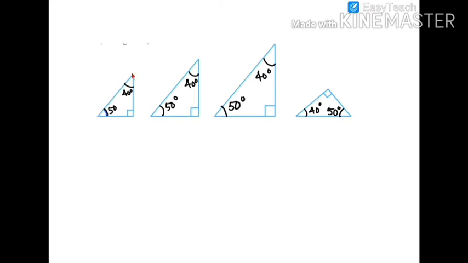So we can draw the same triangle having angle measure 90, 40 and 50 degrees with different sizes. So this means that they are not congruent. So having all corresponding angles equal in two triangles does not mean that they are congruent.